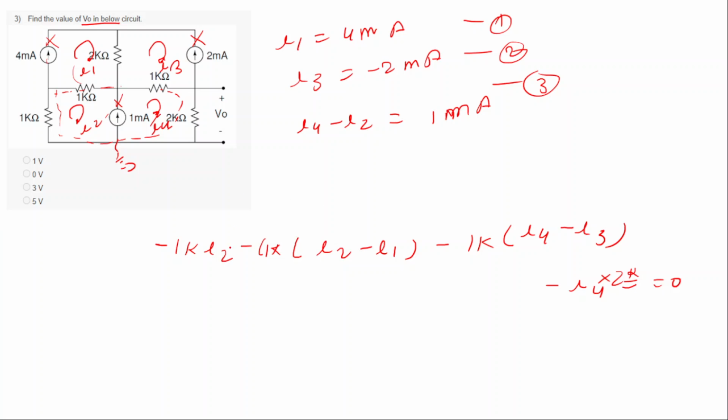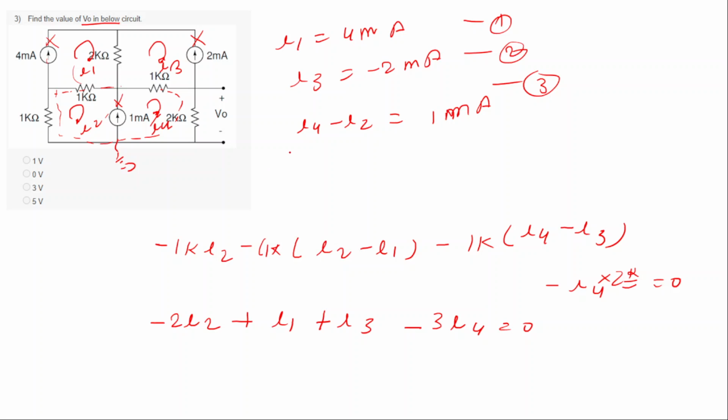Let's simplify. This becomes minus 2I2 plus I1, and the I4 terms combine to minus 4I4, plus I3, so minus 3I4 equals 0.